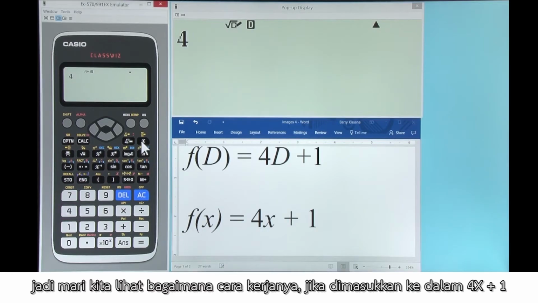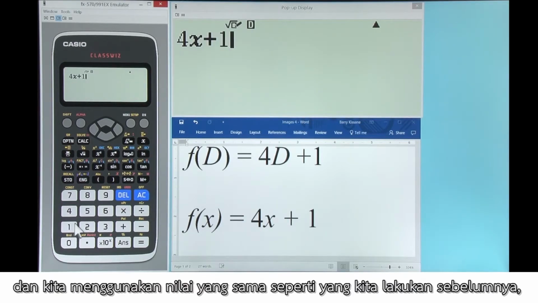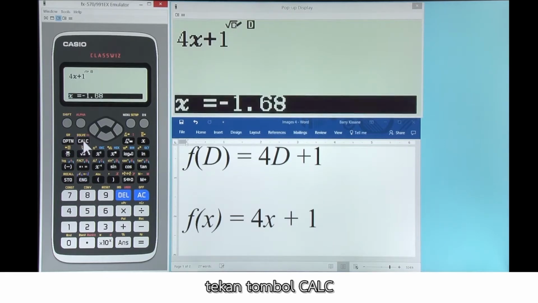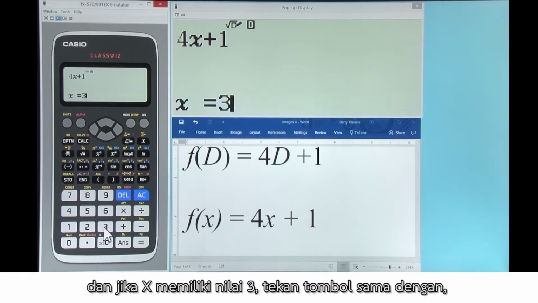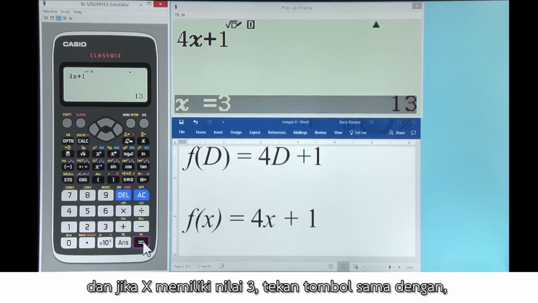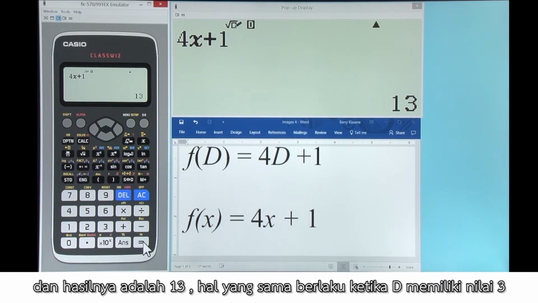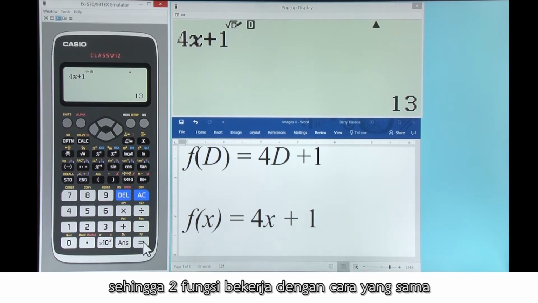Put in 4x add 1, and we'll use the similar values as we did before. Tap the calc key, and if x has a value of 3, tap equals, and the value is 13, and the same was true when d had the value of 3. So the two functions work in the same way.